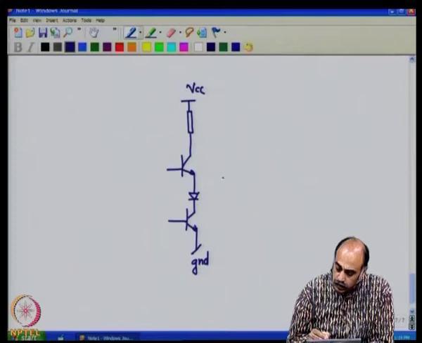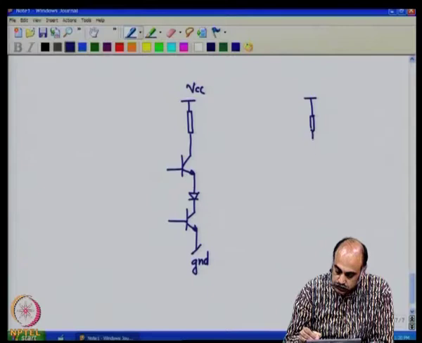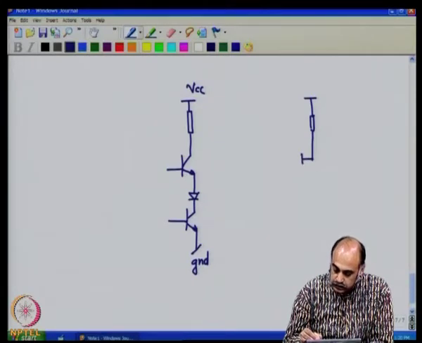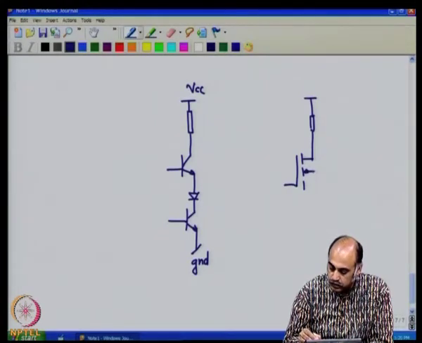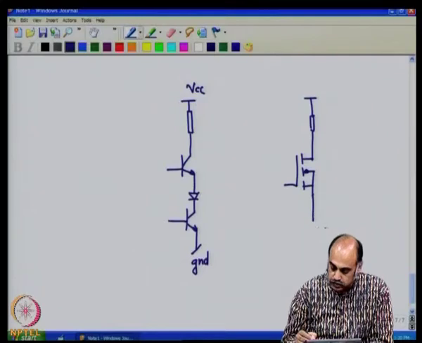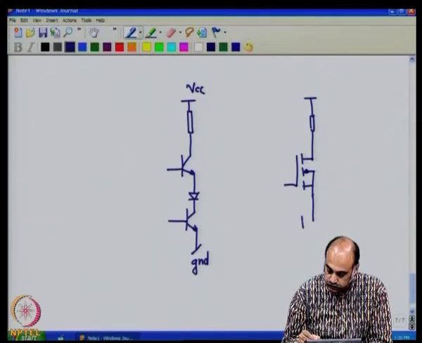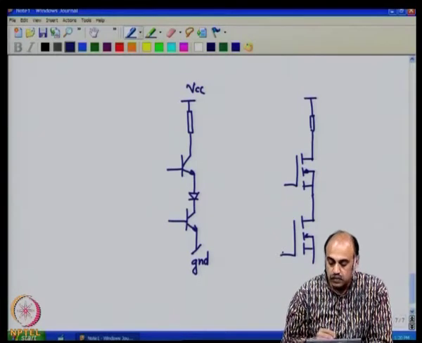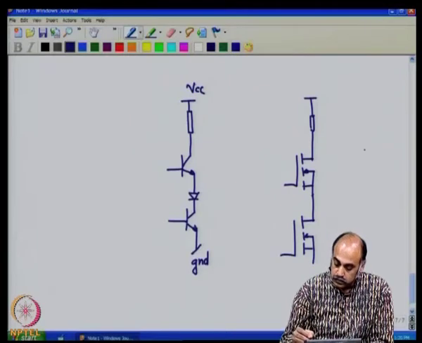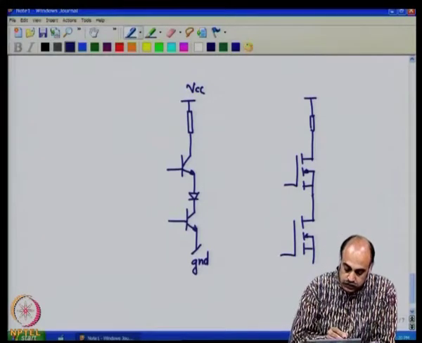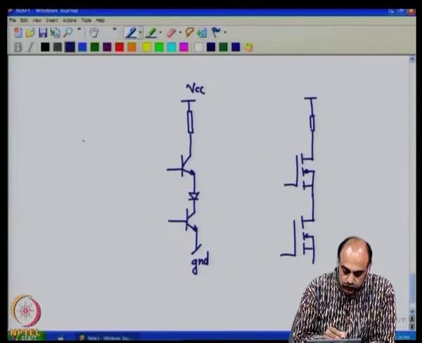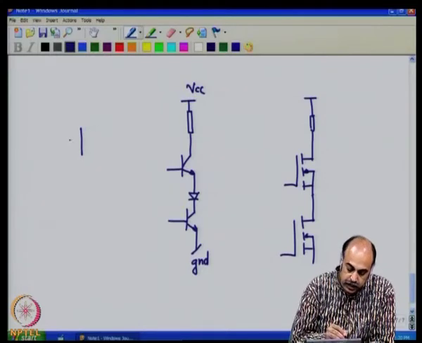You may also have structures like this. MOS based structures. Or you could also have structures that is PNP, NPN types or P type, N types.